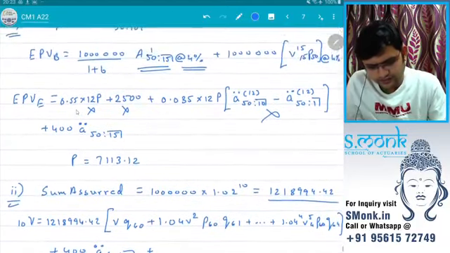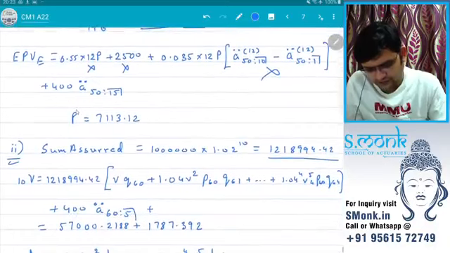What's the survival benefit? After 5 years, we'll have the complete bonus.